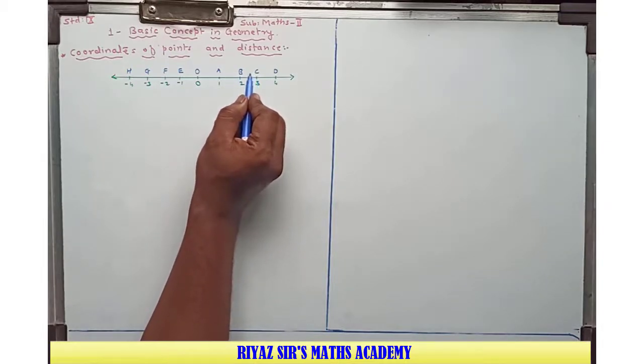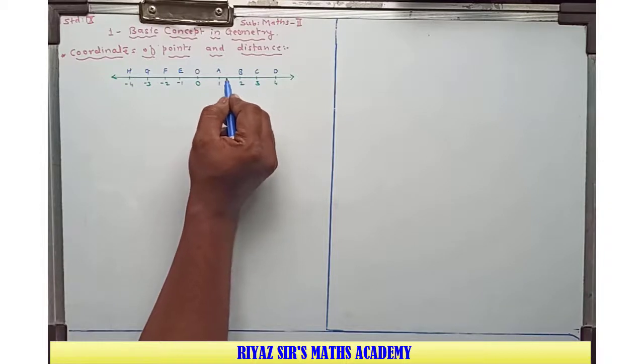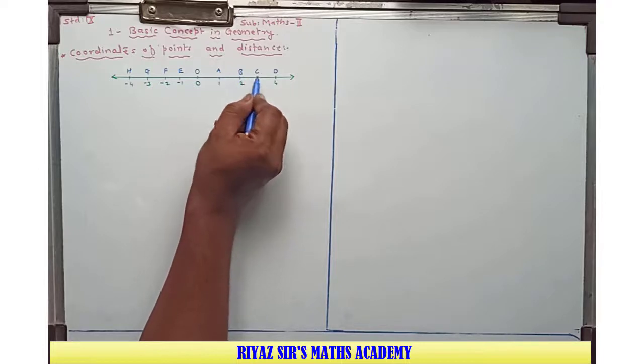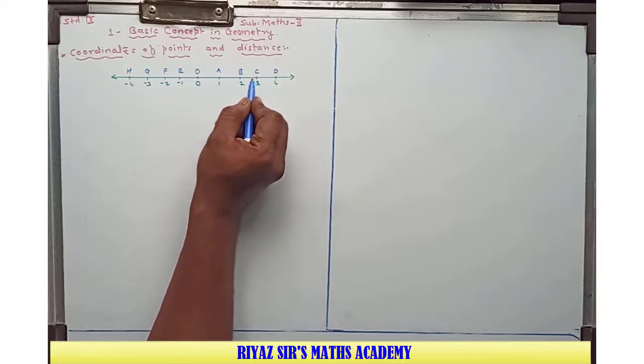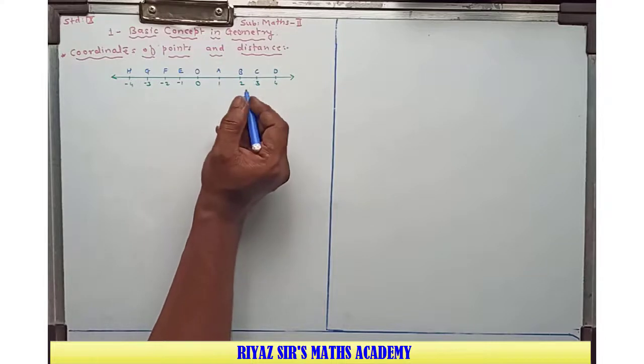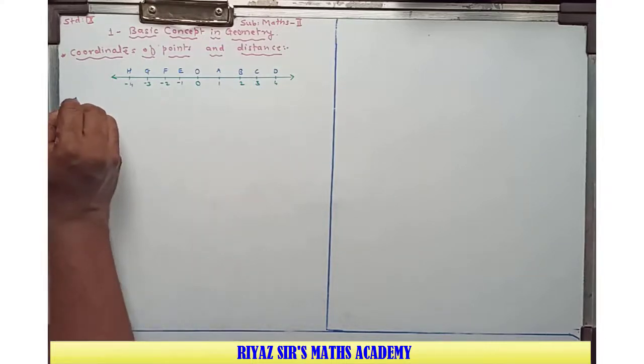The number associated with this given point or given name is called the coordinate of that point. Whatever number is associated with or related to the point, that number is called the coordinate of that point.